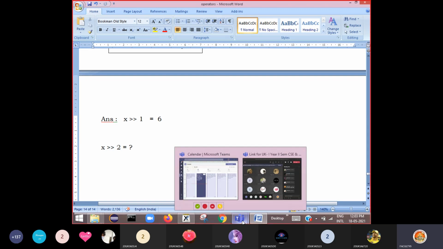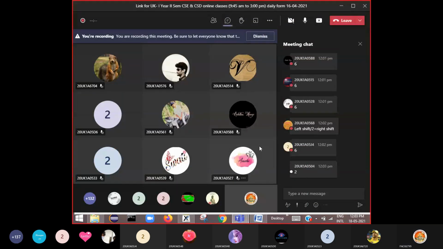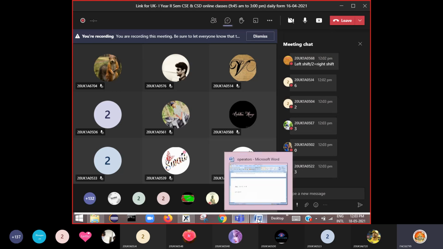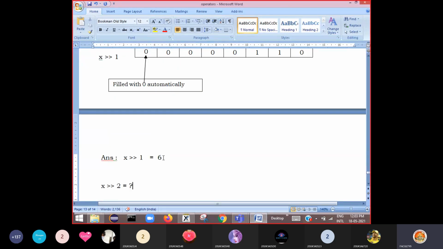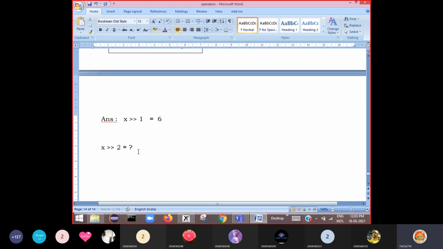When you say right shift 2, 12 becomes 6, 6 becomes 3. So the answer will be 3 here.